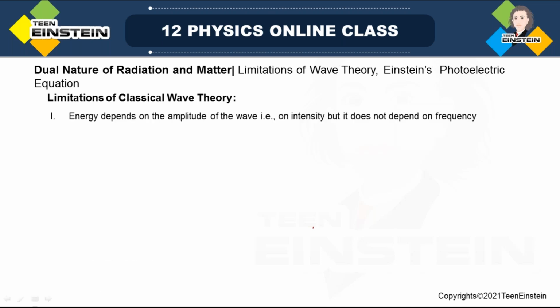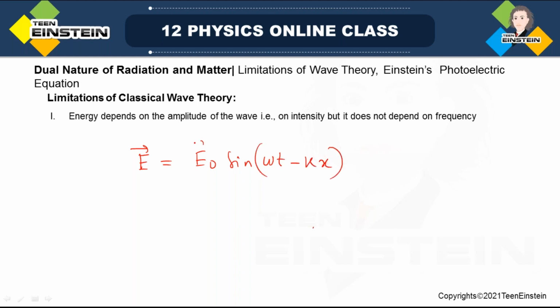The first one is that energy depends on the amplitude of the wave, or intensity, but it does not depend on frequency. Look what happens according to wave theory. Light is generally denoted by the electric vector, so I am writing the electric vector, which can be expressed as E0 sine of omega t minus kx.